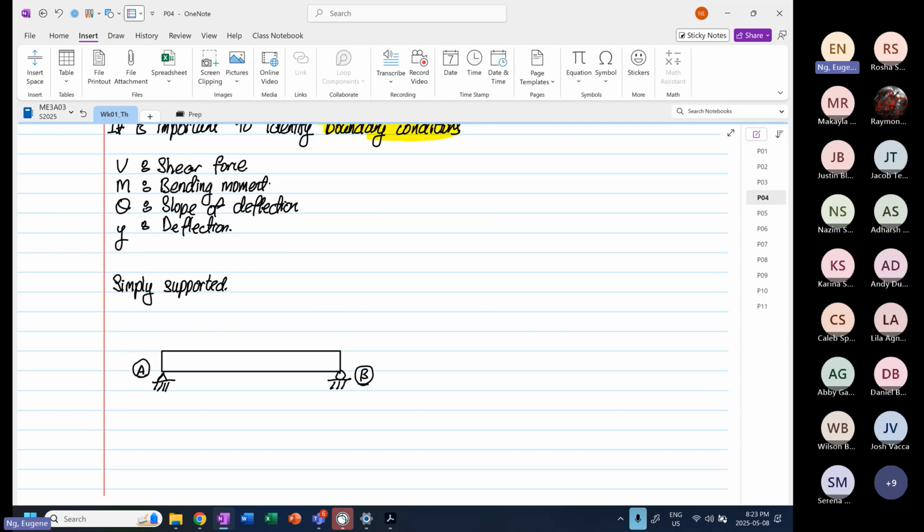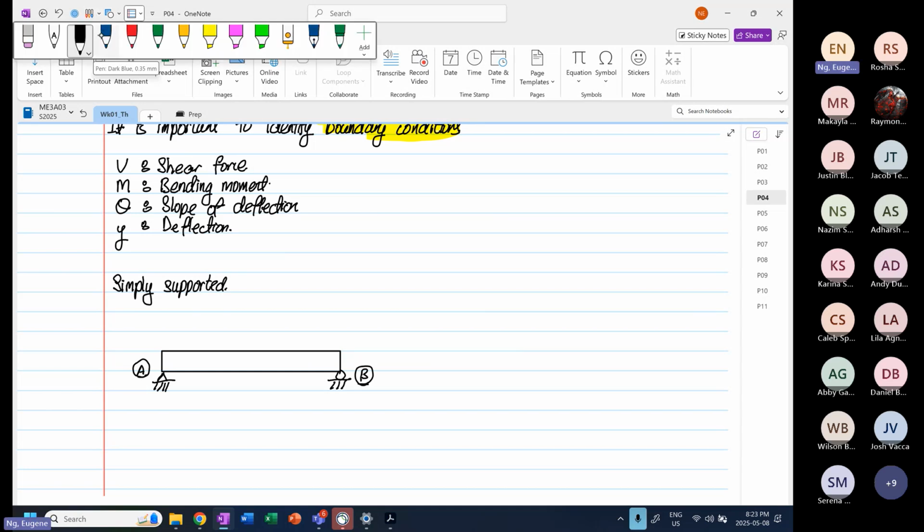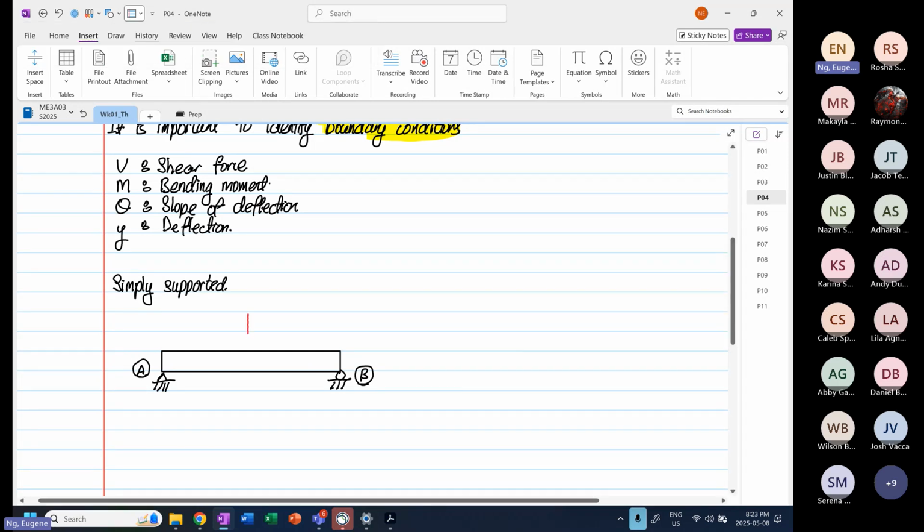On a simply supported structure, for example, we can have different types of loading. So we can have a point load. P over here, this is our point load. We can also have a loading system that looks like that.